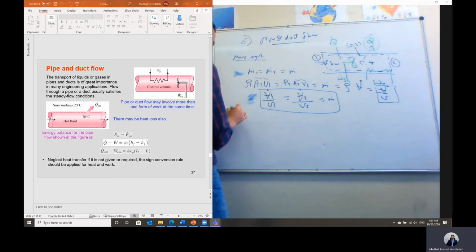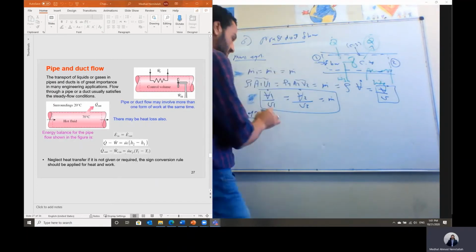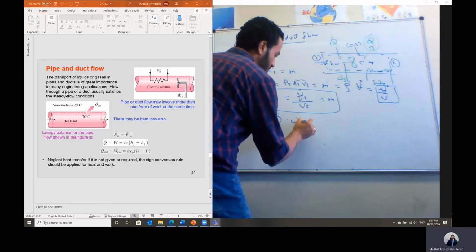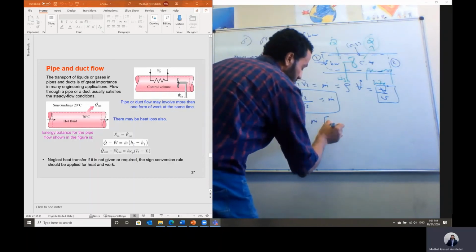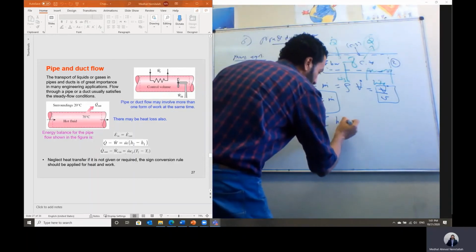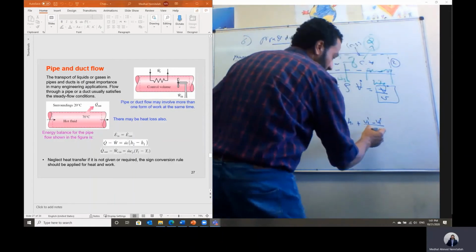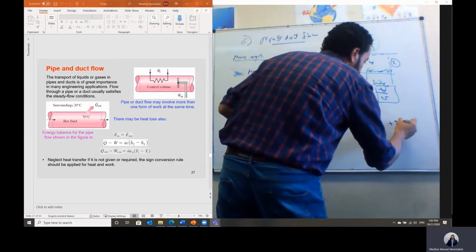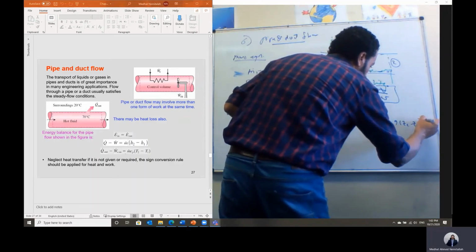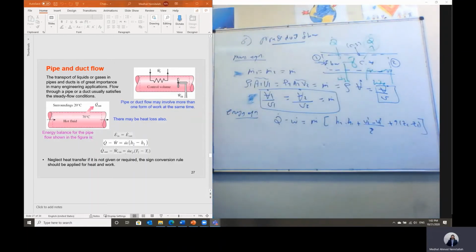Let's apply as well the energy equation for the first law of thermodynamics. We have actually steady flow of a single stream. Then we can just write down Q dot minus W dot equals m dot multiplied by h2 minus h1 plus (V2 squared minus V1 squared) divided by 2 plus the change in potential energy, g multiplied by delta z.